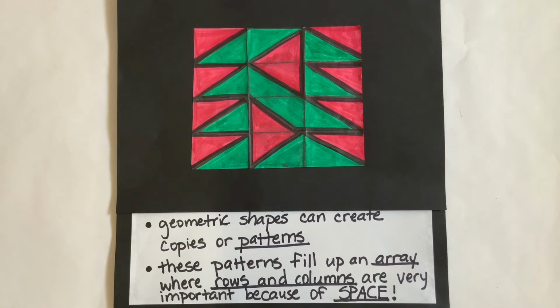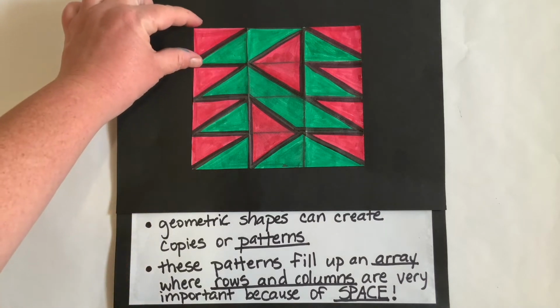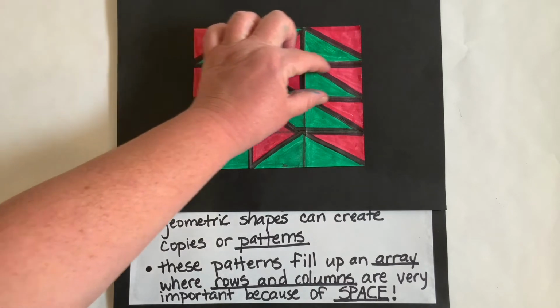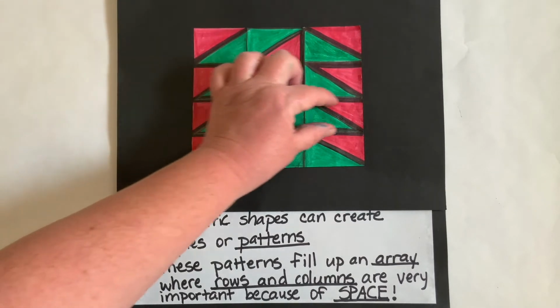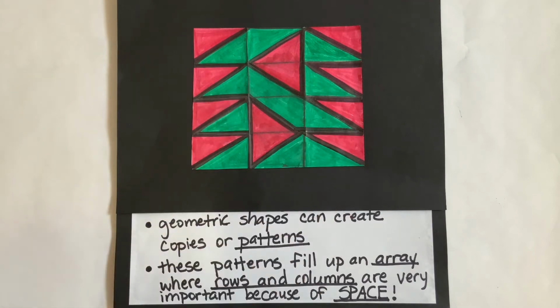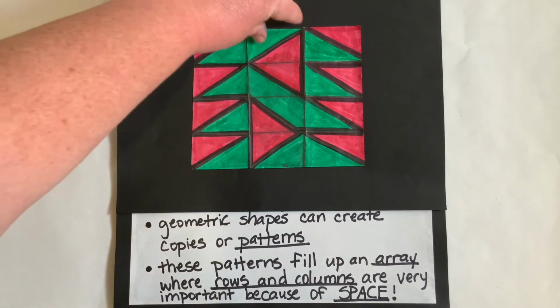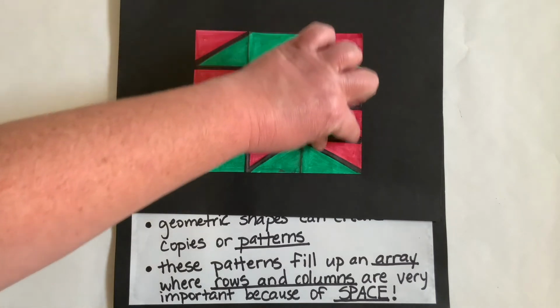And did you notice all of my rows and columns? Let's count them. Ready? Here we have 1 row, this would be 2, 3, and 4. Now let's count the number of columns. 1, 2, and 3.